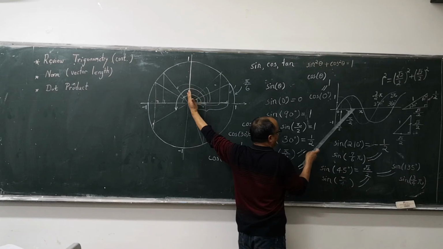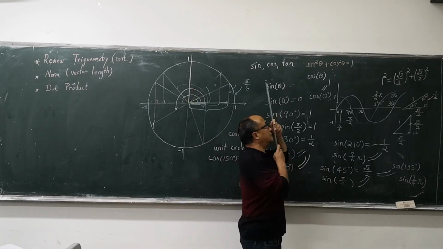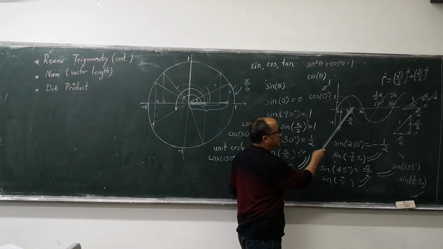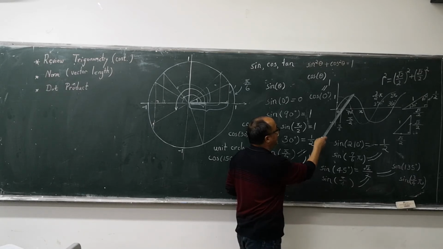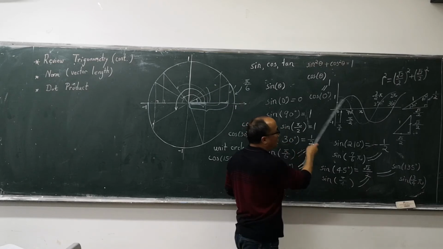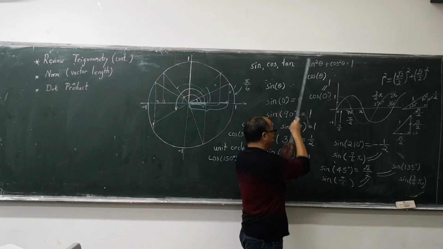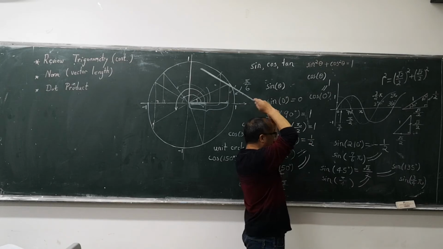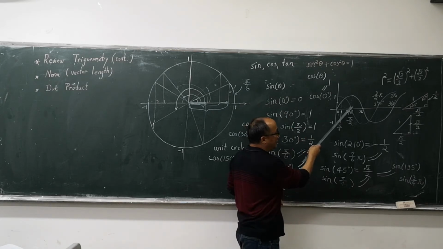When it's vertical, it becomes 0 for cosine. At the same time, sine becomes 1. And as you keep turning, the cosine goes below 0.